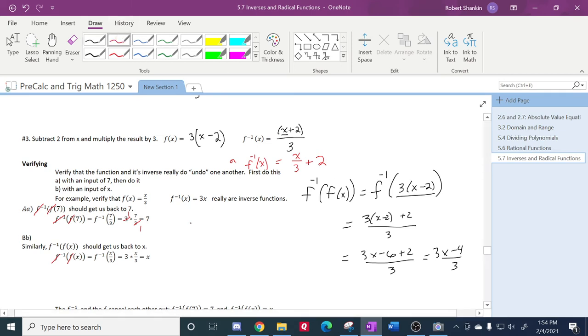Let's try the other one. The one that we'd written in red. That's f inverse, 3x minus 2. Now this one, we divide by 3. All that goes in for that x.